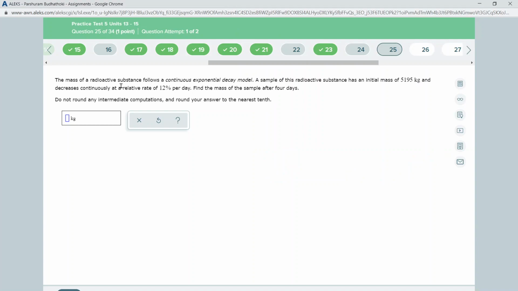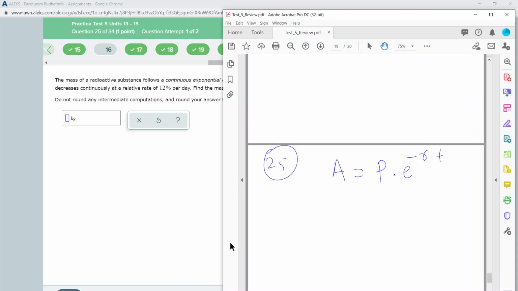So in this problem, we have a radioactive substance which is going to decay, and at the beginning we have 5,195 kg of that substance, which is going to decrease at the rate of 12% per day. Find the mass of the sample after 4 days. So time in this case is in days.